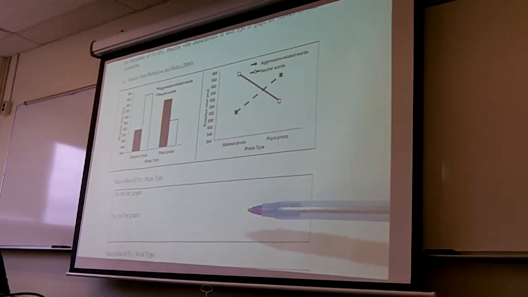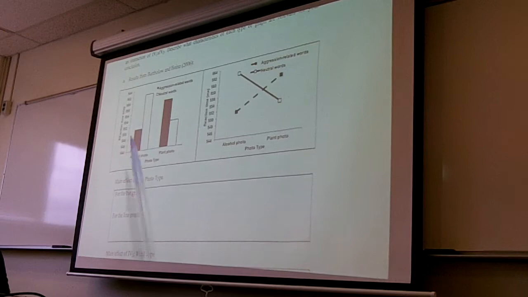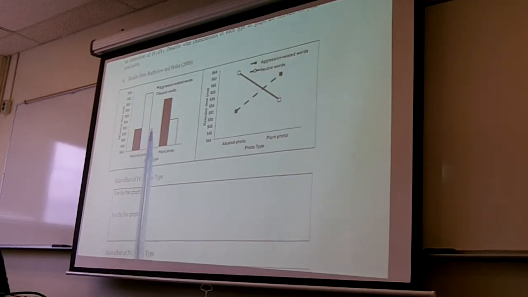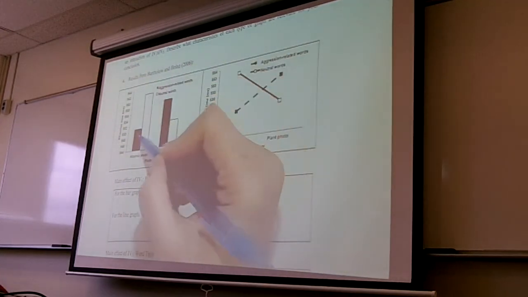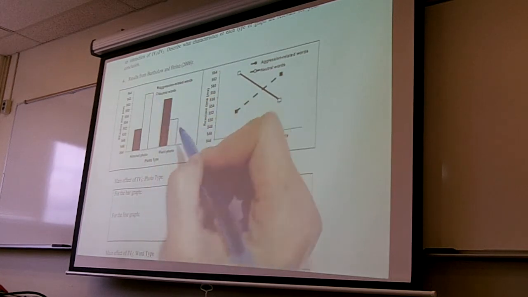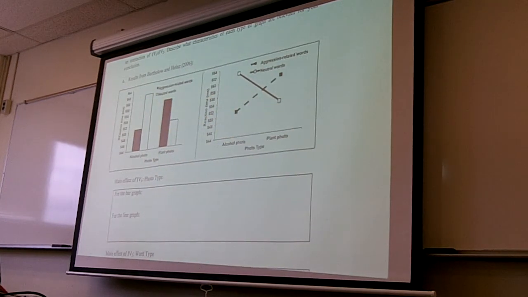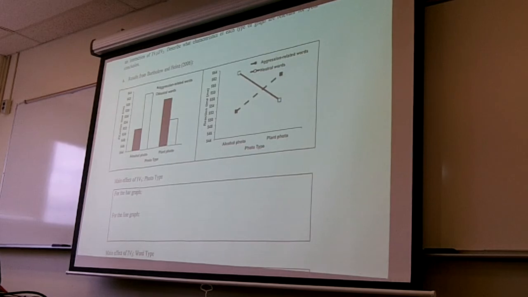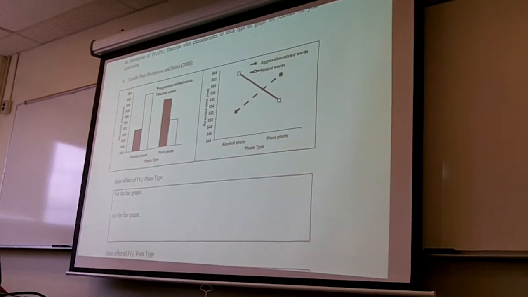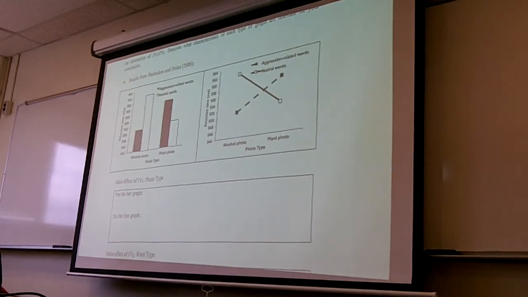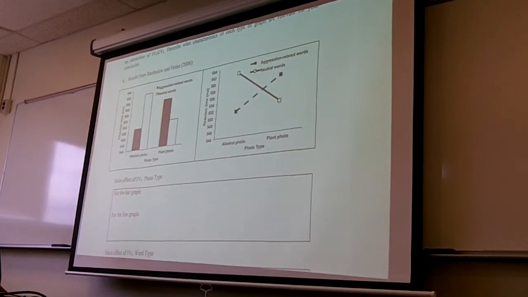For example, I've had people do this on tests before, where I give them this graph, and they say, oh, well if you drew a line from the top of the black lines to the top of the white lines, the lines would intersect, so there's an interaction. And I'm like, I didn't ask you to tell me how to tell if there's an interaction in a line graph. I asked you to tell me how to tell if there's an interaction in a bar graph. Don't draw lines across the top of the bars.